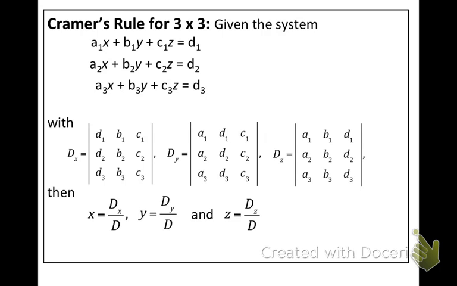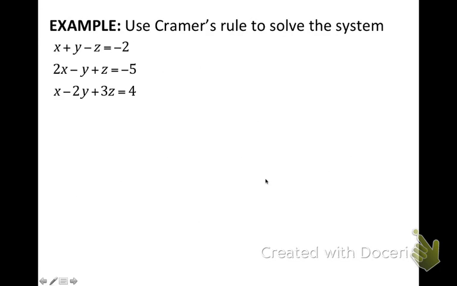Okay, let's find D first, our coefficient matrix determinant. So we've got 1, 2, 1 for the coefficients in front of my x's. 1, negative 1, negative 2 for the y's. Negative 1, 1, 3.